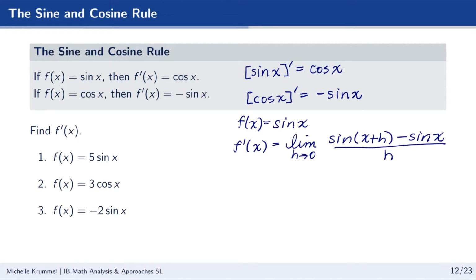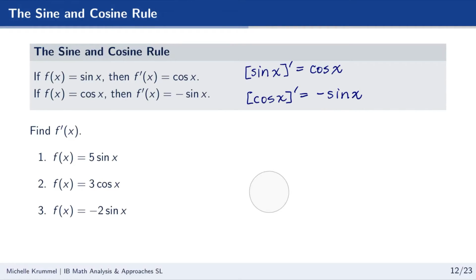Then we can use trig identities to simplify this. There is a trig identity that would allow us to rewrite the sine of x plus h in a different way. And then we would simplify, find the limit as h approaches 0, and we would end up with the cosine of x. But using that trig identity and then simplifying it takes quite a bit of work. So it's much easier if we memorize that the derivative of sine x is cosine x.